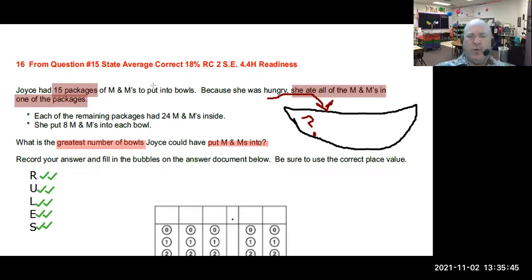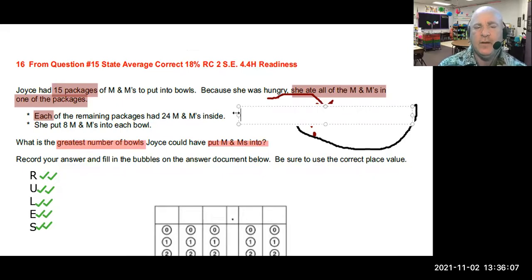So before we can continue, we've got to find out, what do we have to work with here? It says each of the remaining, each, that word's very important. I found the word each in the problem. And possibly one of my steps could be, I found each in the problem, could I multiply?